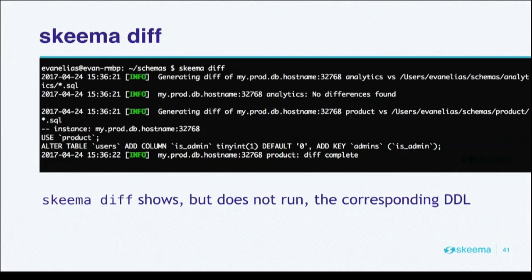So here it's going to that host that was defined in production, looking at each subdirectory, finding the schema name that directory maps to, looking at the current state of these tables there, comparing that to the file system, and then auto-generating DDL that would convert the database to match the file system. So in this case, it figured out it's an alter table to add a column and add an index. But it doesn't actually run anything.